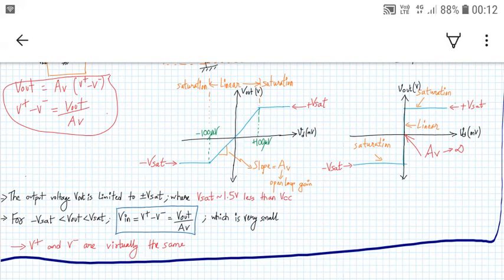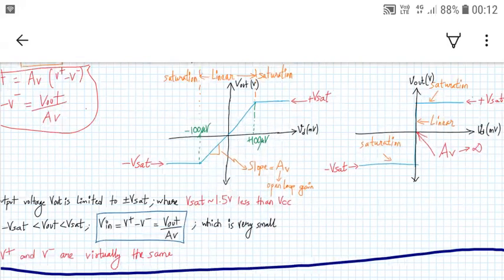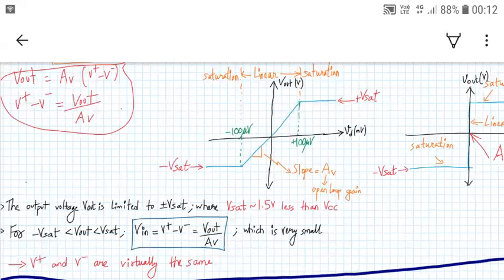And also in this practical DC transfer characteristics, what do we observe? If the output is between plus VSAT and minus VSAT, we can write the input as follows: V plus minus V minus, which is equal to Vout upon AV.